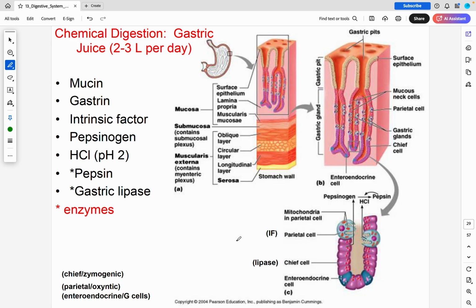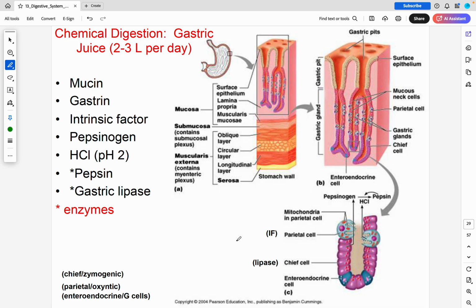Some important elements of the gastric juice include mucin, gastrin, intrinsic factor, pepsinogen, HCl, which is very acidic, pepsin, and gastric lipases. Pepsin and gastric lipases are enzymes that allow for digestion of food material, while the other components allow for chemical breakdown.